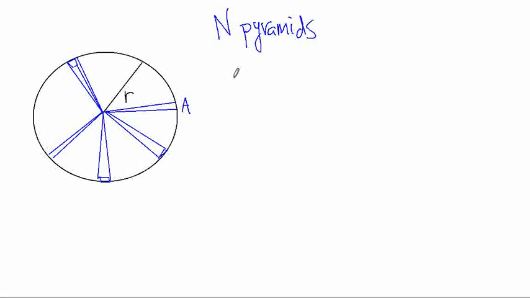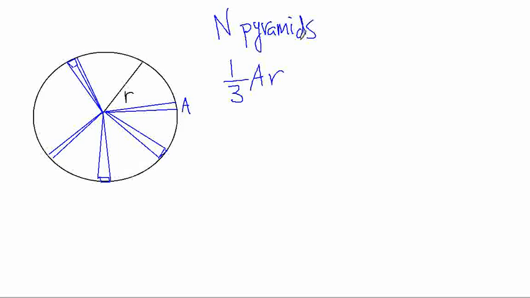The volume of any of the pyramids, using the volume formula for a pyramid, is 1/3 times the area of the base, which we'll call A, times the height, which is approximately r. That approximation will get better and better as n gets larger and larger.